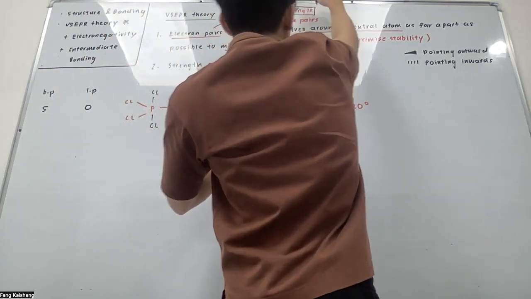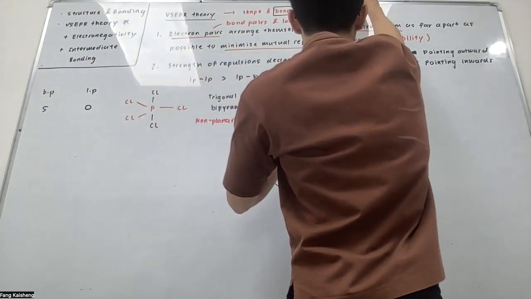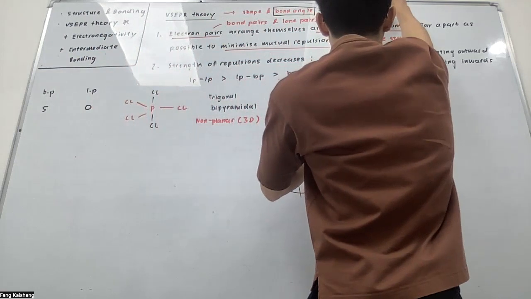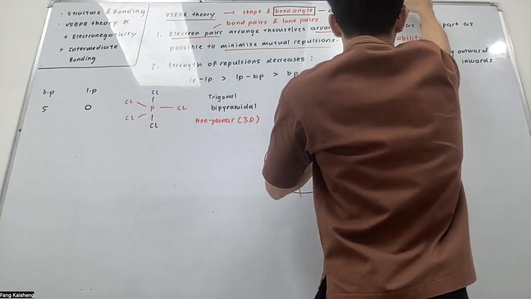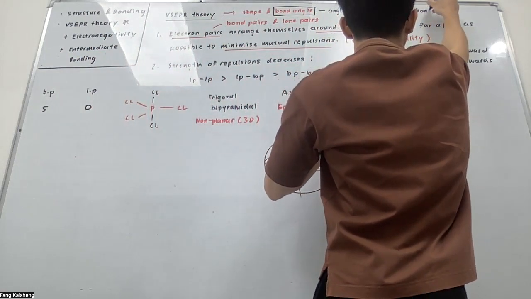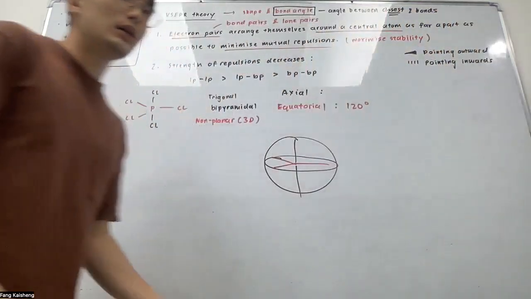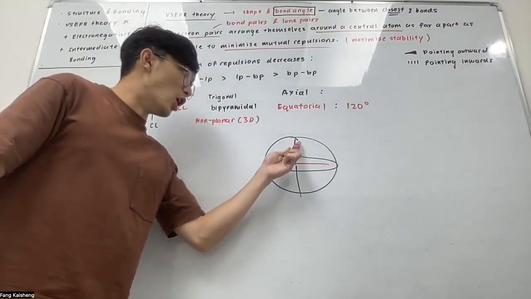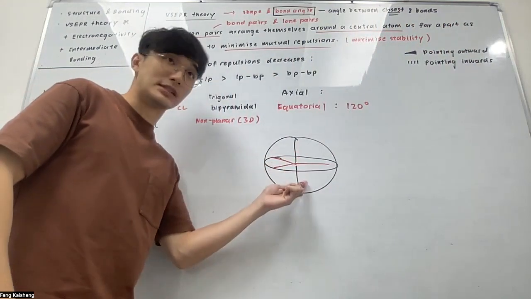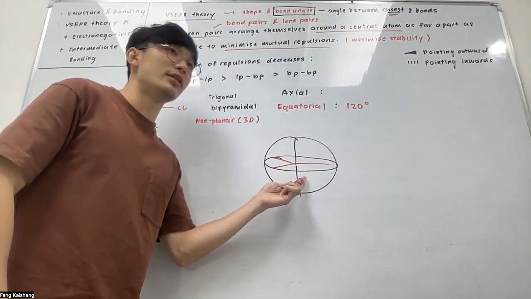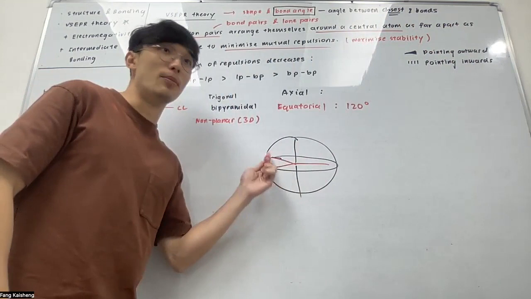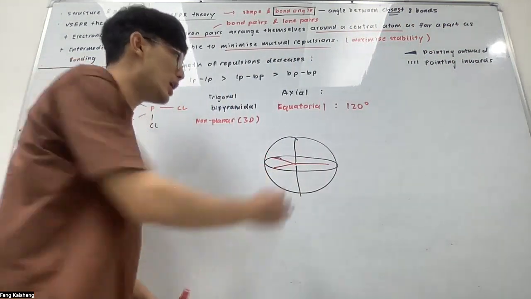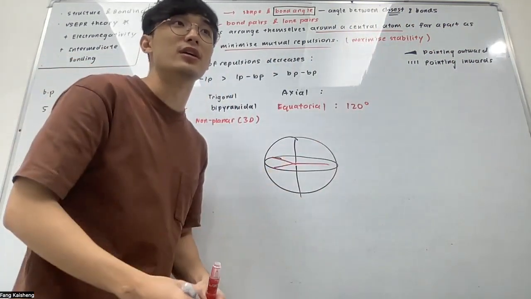Bond angle is the angle between the closest two bonds. For the North Pole, the next closest bond, is it the South Pole? No, it is one of the equatorial bonds. So North Pole with the equator, what's the bond angle?